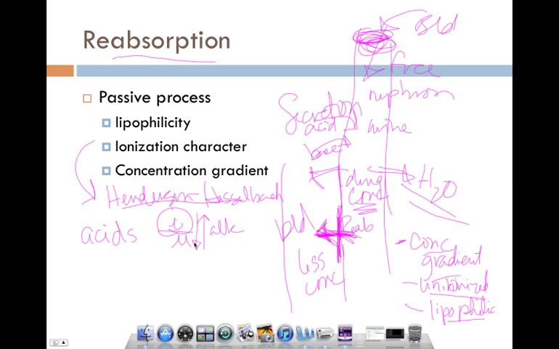If the pH goes down, it's going to favor the unionized species. If we have that alkaline situation, again where the pH goes up, it favors the ionized, which means it can't easily go across. It's going to get stopped there, isn't it? So it can't easily cross that lipid layer.